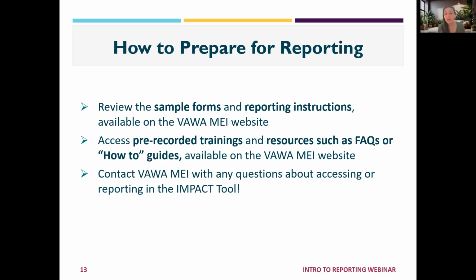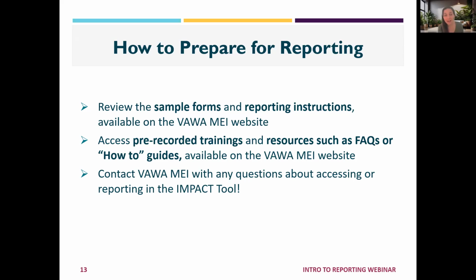We also have so many resources on our website, like pre-recorded trainings, FAQs, how-to guides. We know folks have different learning styles, so if you prefer a video training, there's a video training for most things on our website. And there's also written instructions or transcripts for folks who would rather be able to control-F and find something that's written.